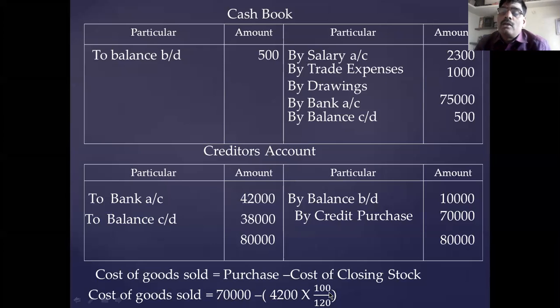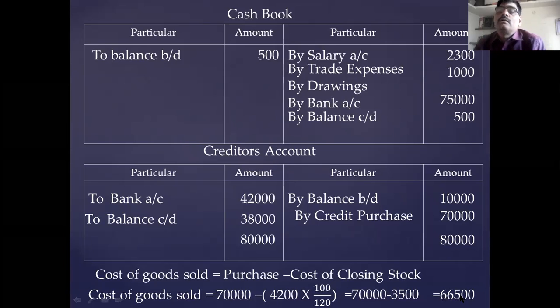For every 100 rupees of cost, 20 is the profit, then the selling price is 120. So for every 120 selling price, 100 is the cost; then for 4,200, the answer is 3,500. 70,000 minus 3,500 is equal to 66,500.